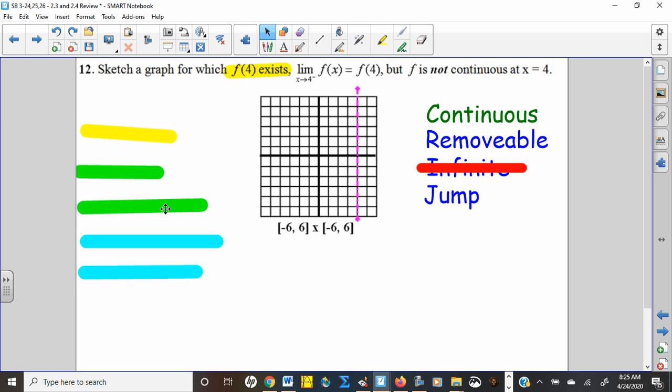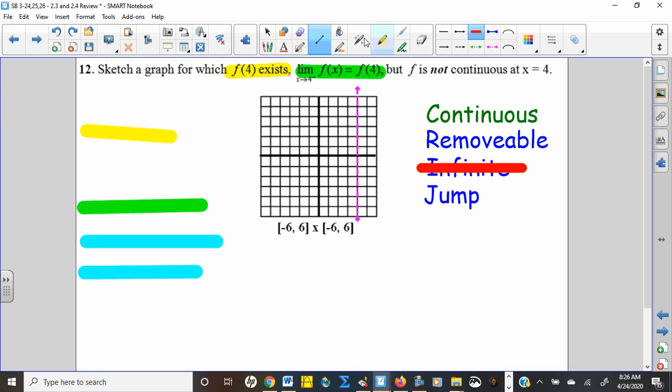Now let's talk about the next thing it tells us, which is that the limit as I come in from the left, with the little negative sign there, is equal to f of 4. So that's telling me that my graph's coming in to the actual value of the function. So we knew f of 4 exists somewhere. Now it's telling me I'm actually coming into that value.